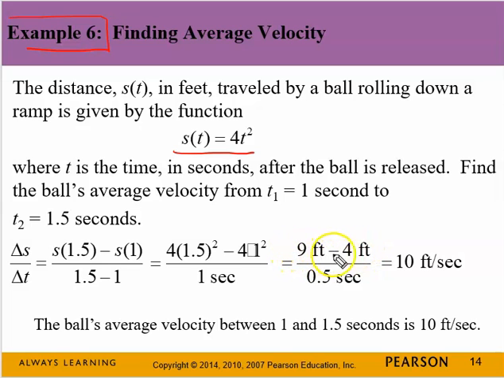So this becomes 5 feet. This is going to be 0.5 divided by 0.5. If you put that in your calculator, it comes out 10. And so in 1 to 1.5 seconds, the average is 10 feet per second. Okay, hopefully this is helpful and you have some good notes.